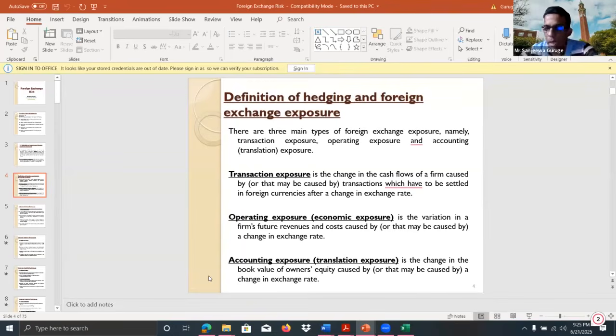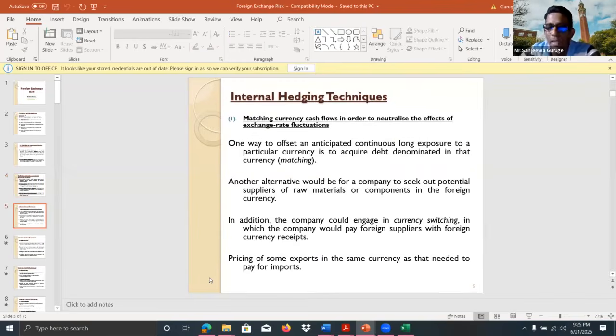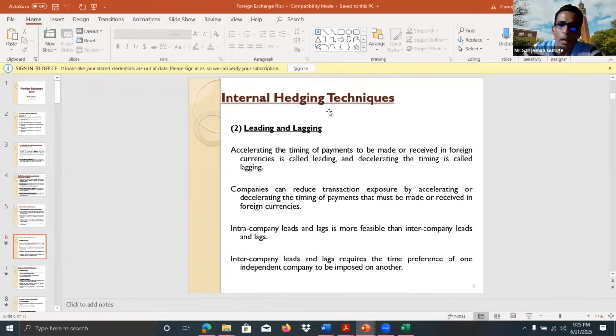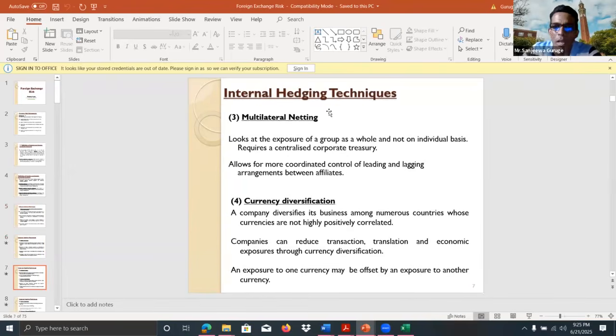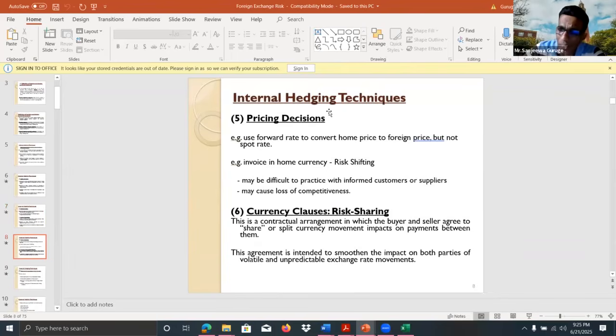To minimize this, there are various strategies, some internal hedging strategies: matching cash flows, leading and lagging, that means managing the timing of the cash flows, multilateral netting when there is a group of companies, currency diversification, pricing decisions, and currency clauses to share the risk.